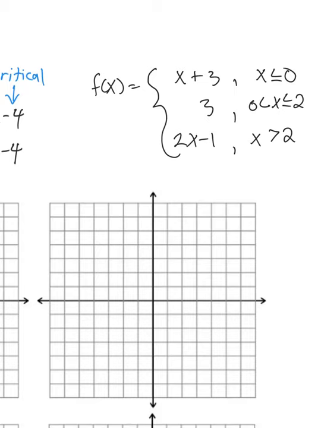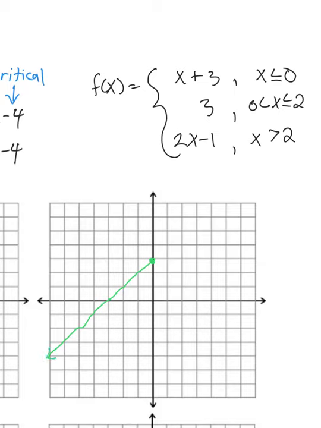So let's start at the first one. The first one is less than or equal to 0. So I'm going to start with a closed circle at 0. If I plugged in 0, we get the value 0, 3. So 0, 3 is where we'll start with a closed circle. I know that the slope, once again, is positive 1. So since it's less than, anything on the left hand side should have a positive 1 slope. And I'm going to just draw a line with a positive 1 slope, like so.